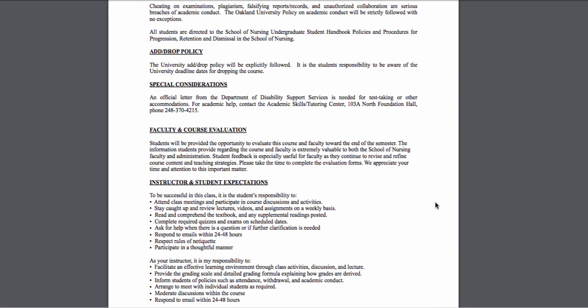As your instructor, obviously I'm here to facilitate an effective learning environment, providing class activities, discussions, and lecture. Providing you with a grading scale and detailed grading formula, explaining how your grades are derived, essentially. Informing you of policies, arranging to meet with you. So if you want to set up an appointment, please feel free to reach out to me.